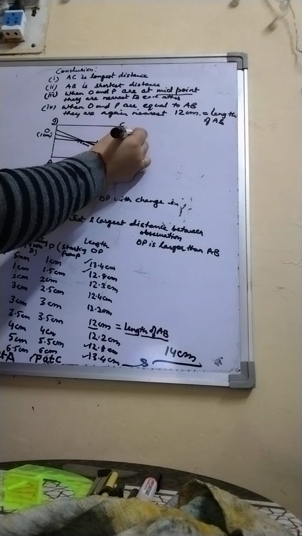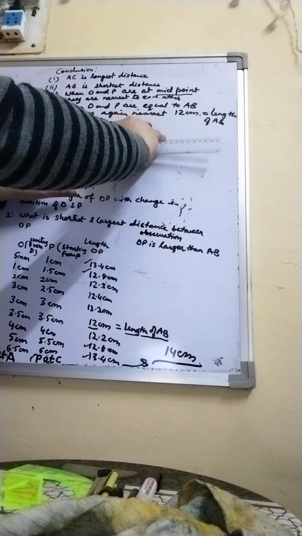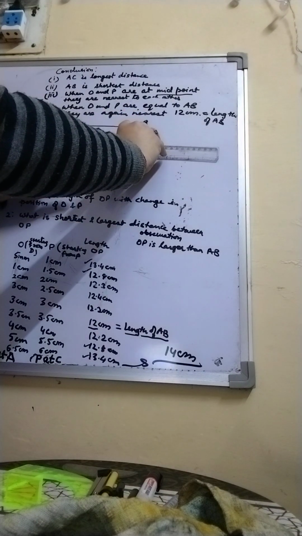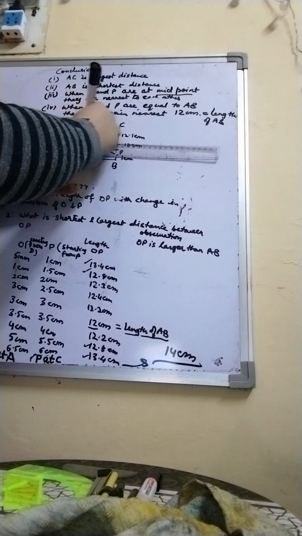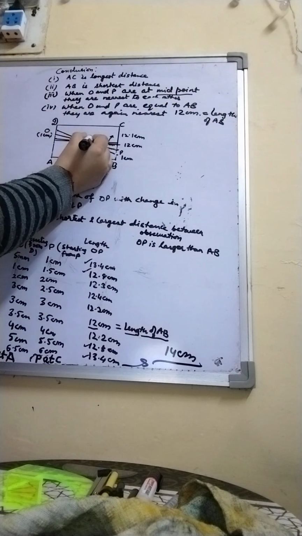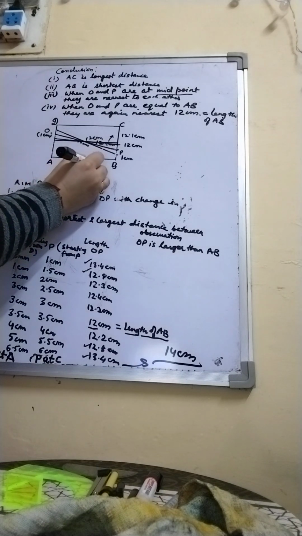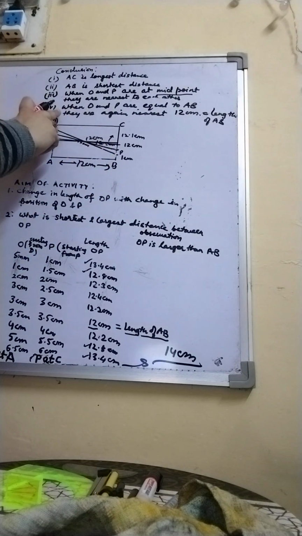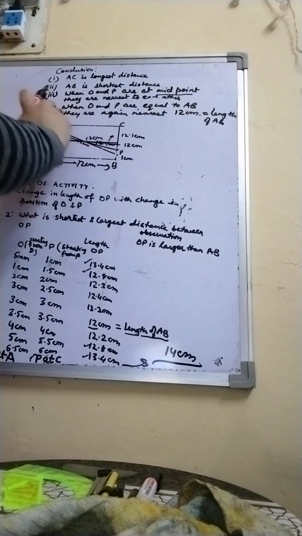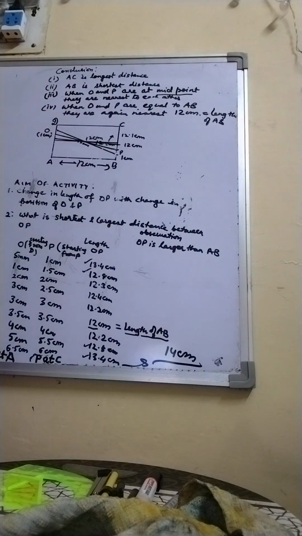So you can see that distance is decreasing, and when it reaches 3.5 and 3.5, the distance becomes equal to 12 centimeter, which is the length of AB. So this is already we have done, that when O and P are at midpoint, they are nearest to each other. So this is the first activity.